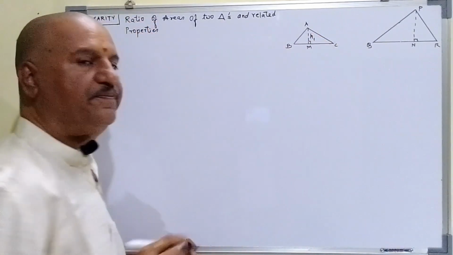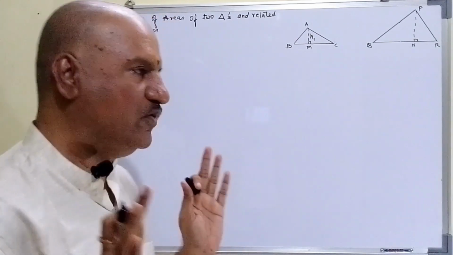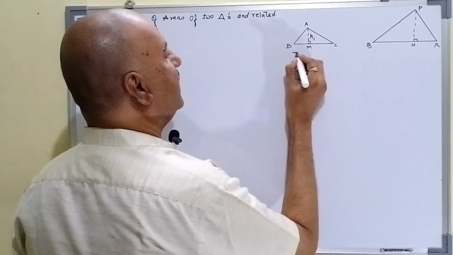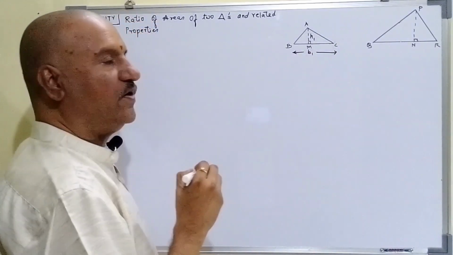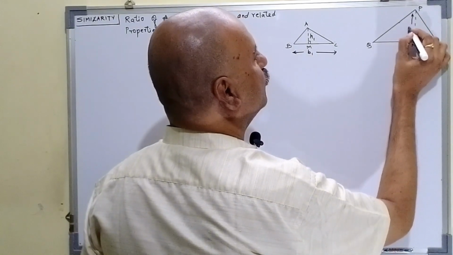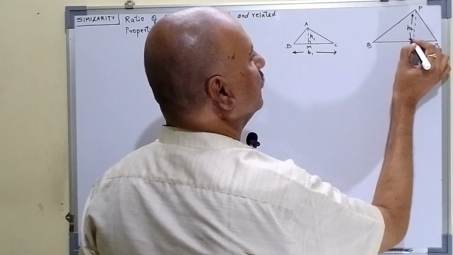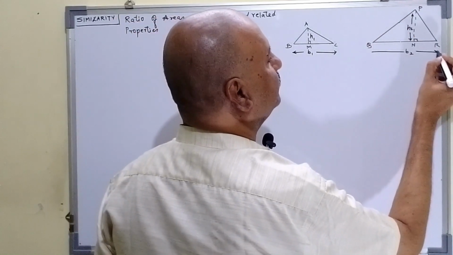I call it H1. Height is always perpendicular to the base, don't forget it. And this is the base, I call this B1. In the same way, I call this H2, the height of triangle PQR, and this B2.